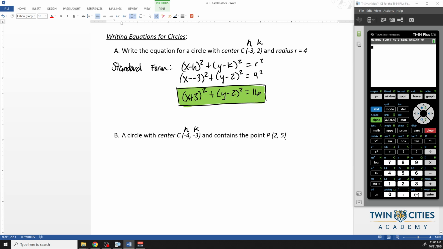What this is saying is I do know the center of the circle, but I don't know the radius. And I know one single point on the circle. At that one point, this is the x value and this is the y value of that point. So I can start with the standard form again.